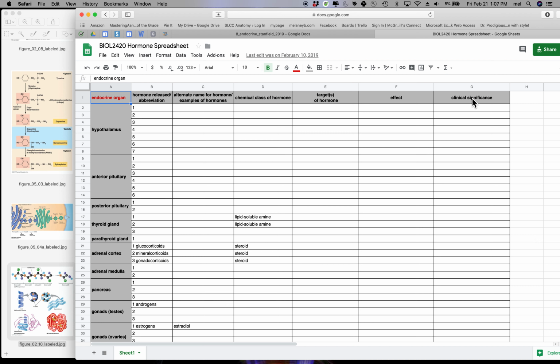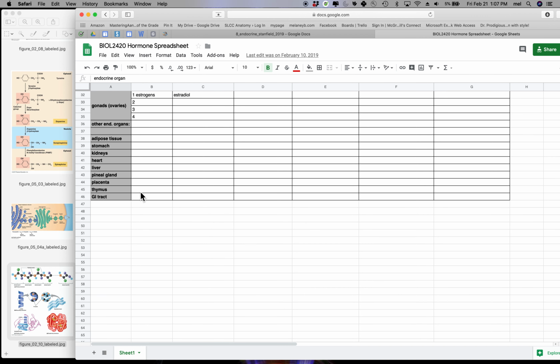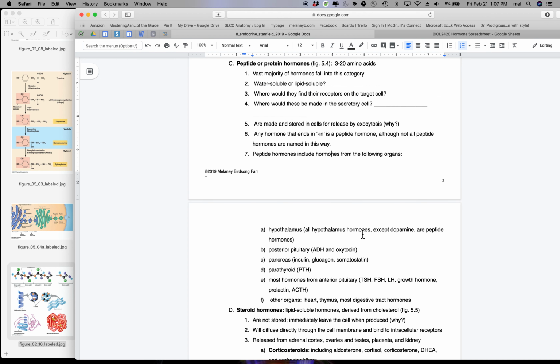This is just a place to organize it. Not every single hormone has a clinical significance. So again, you're just responsible for the clinical significances in your notes, okay? But you will have all of this filled out, and then you'll have some of those filled out, and you're not responsible for this bottom portion, at least not right now. Okay, so that is your peptide or protein hormones.